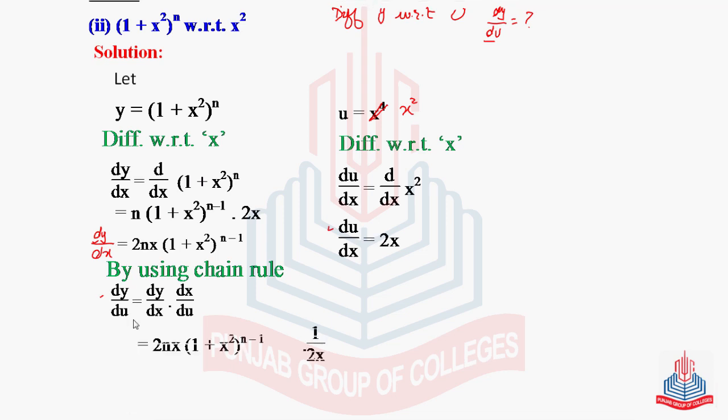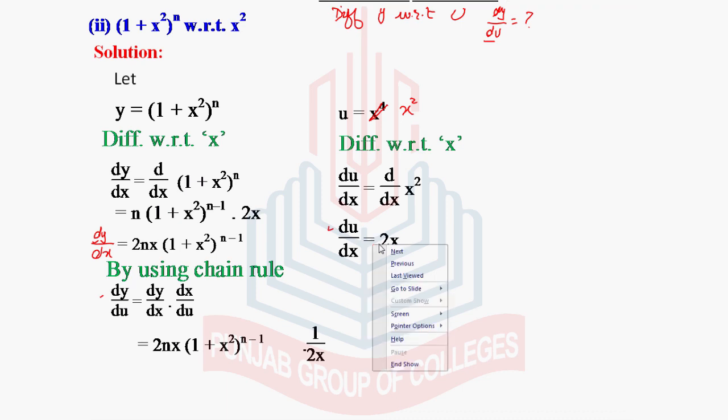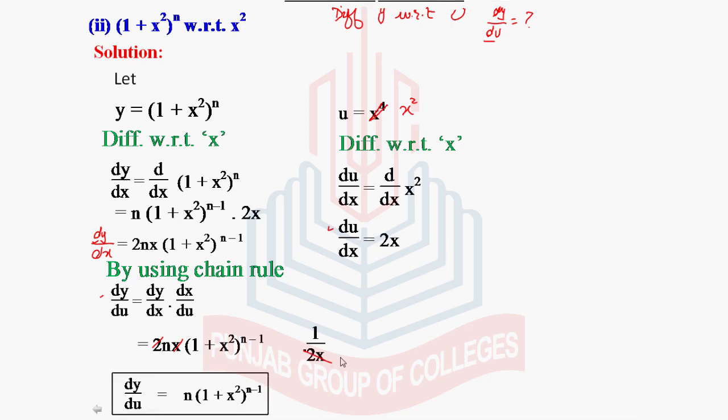Putting the values, dy by dx is 2nx into 1 plus x square raised to the power n minus 1, and for dx by du, here we have du by dx as 2x, but in the requirement of chain rule we have dx by du. So taking the reciprocal of du by dx, it will become 1 over 2x. This 2 and x will be cancelled out. We have only dy by du is equal to n into 1 plus x square raised to the power n minus 1.